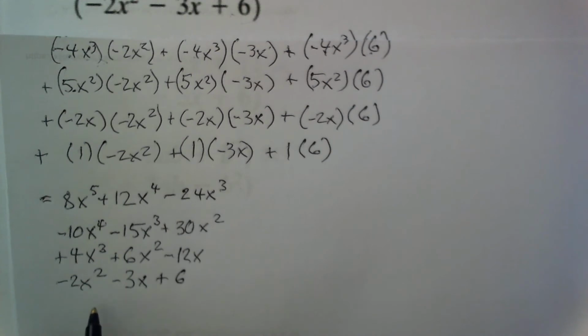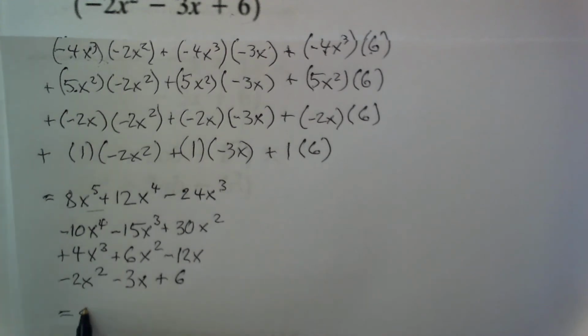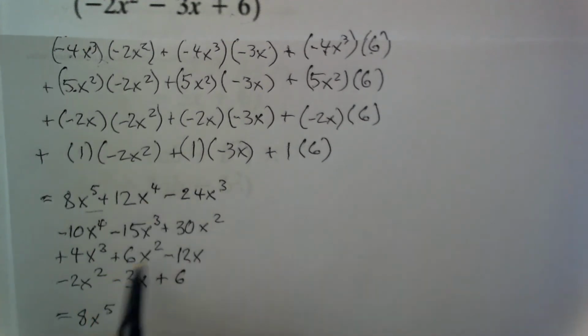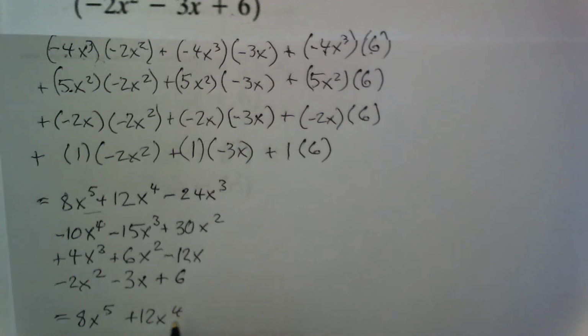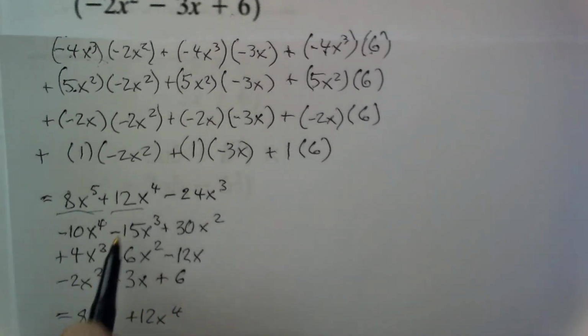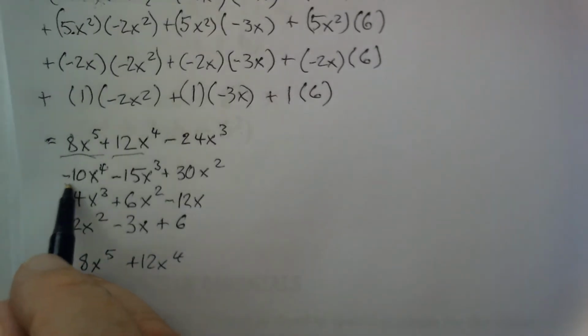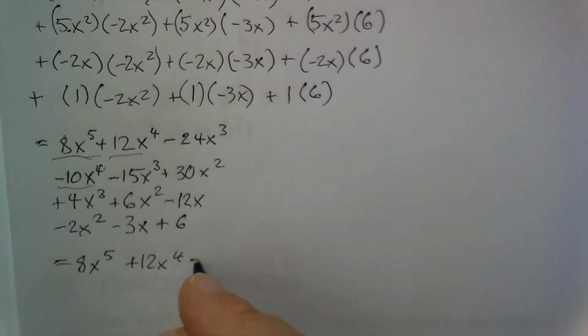We're combining like terms. And so there's 8x to the fifth. And then there's a 12x to the fourth. So let's underline the terms that we've already collected. And we notice here's another x to the fourth, minus 10x to the fourth.